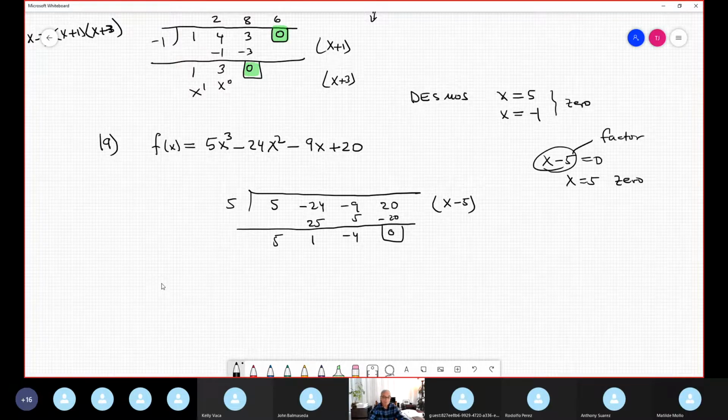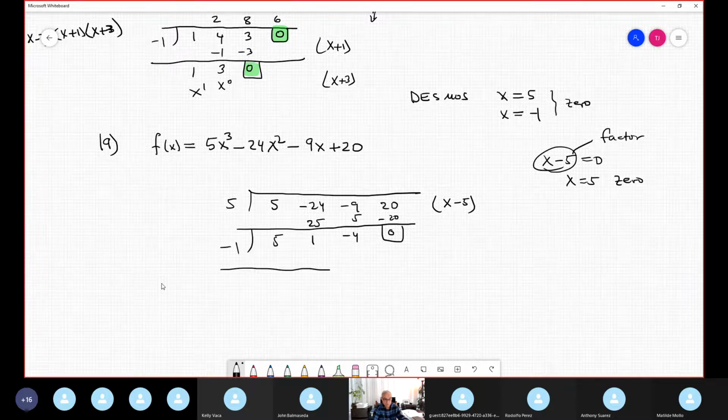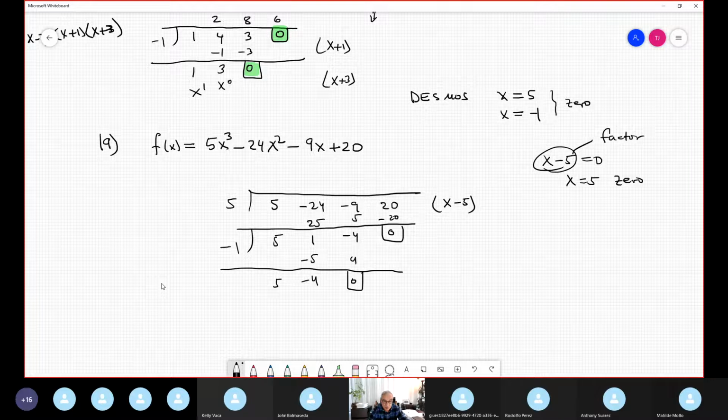Okay? Now negative 1. Si es negative 1 here, let's see what happens. Bring down 5, negative 5. This is negative 4, this is positive 4, 0 remainder again. So the factor x plus 1 belong to the polynomial. And the last factor is, look, this is x to the 0, this is x to the 1, is 5x minus 4.